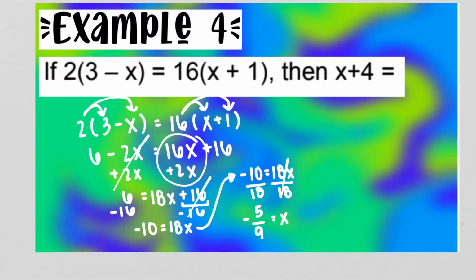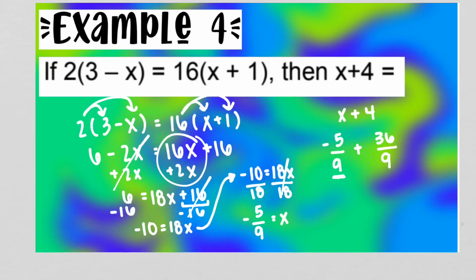So now I do have x, and I want to know what x plus 4 is. Well, I know that my x is negative 5 over 9, plus, I have to turn this 4 into a fraction now. So I am going to do 4 times 9, because I have to put it in terms of my denominator, which is 36 over 9.